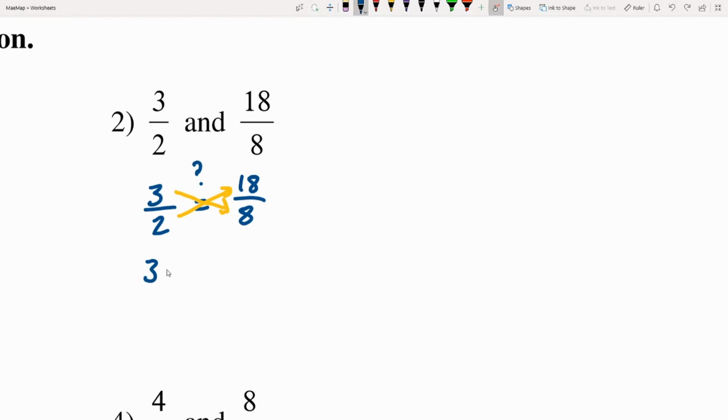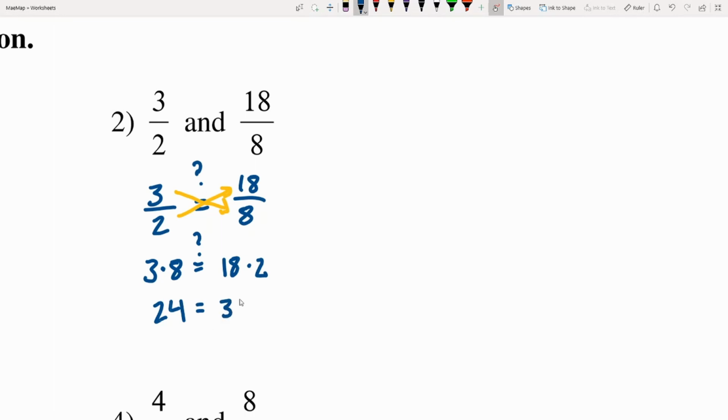We're going to do 3 times 8, and I'll represent times with a little dot. We're going to see if that is equal to 2 times 18, or 18 times 2. Again, we're seeing if those are equal. 3 times 8 equals 24, and 18 times 2 is 36.